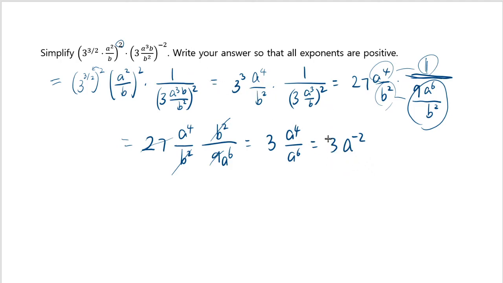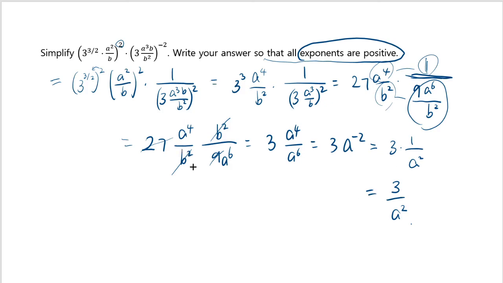But there are two types of questions you might get for these simplification questions. There is one that asks for all the exponents to be positive, in which case this is not positive, this is a negative exponent. So in that case you just rewrite it as 3 times 1 over a squared. So the final answer should be 3 over a squared.